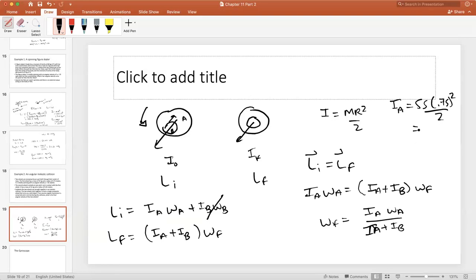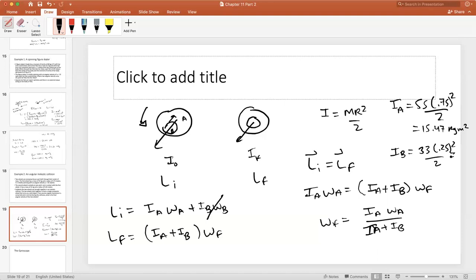This is 15.47 kilogram meters squared, and I_B is 33 and a quarter, 0.25 squared over 2.